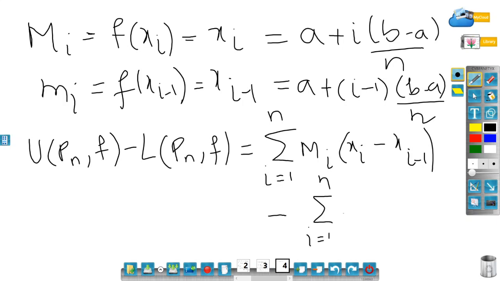Okay, so small mi times (xi minus xi minus 1). Right. Since this sum is finite, we can take this as a common sum.